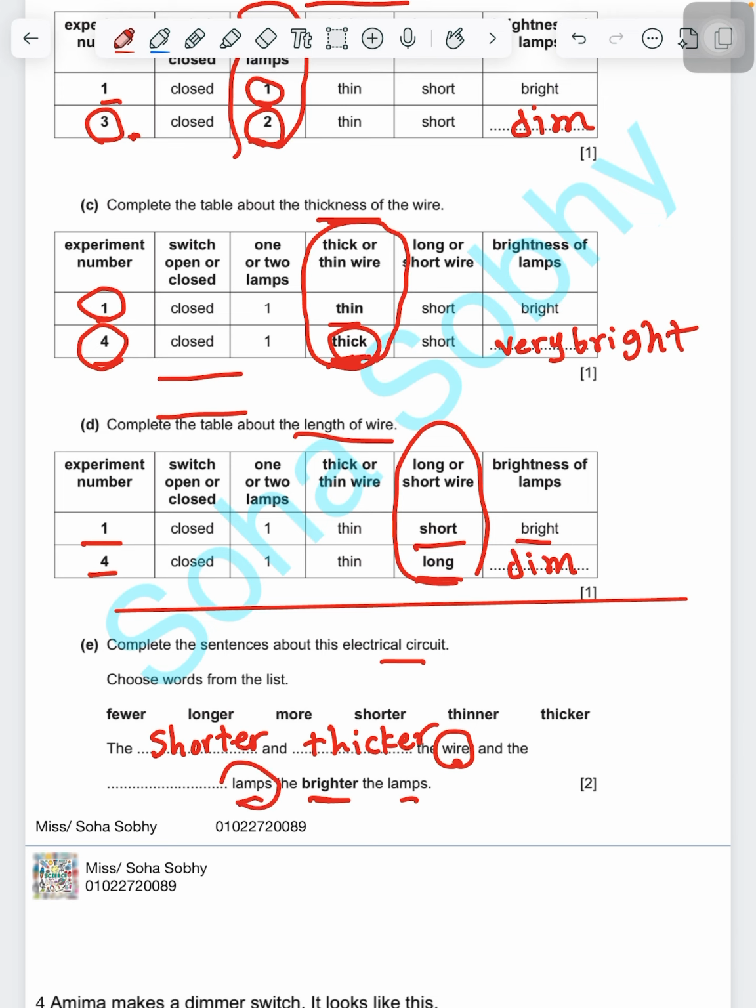And about the lamps we said more lamps, dimmer lamps, but fewer lamps, brighter lamps. We don't have less, so we will write fewer, shorter and thicker. Got it?